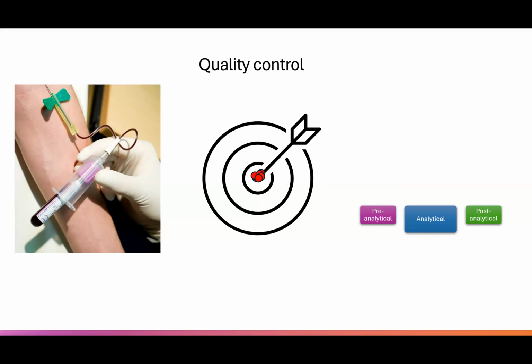Quality control can help detect errors or problems, all with the aim to make sure we get the right result for our patients. For the most part, IQC and EQA can help detect analytical errors, but they can also identify some post-analytical and some pre-analytical testing errors too. And you'll learn later in this lecture series about specific errors that may impact different types of analytical methods.